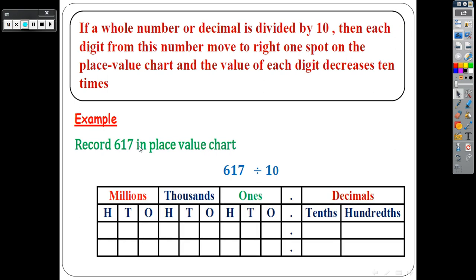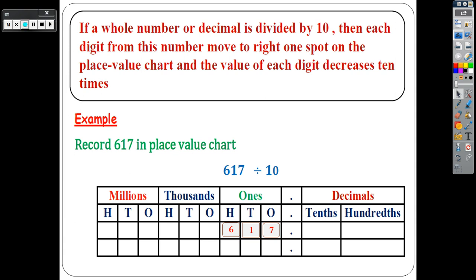Look with me in this example to understand this rule. Now record 617 in the place value chart, so it will be 6 in hundreds, 1 in tens, and 7 in ones. Now you divide by 10, so each digit from the number moves to the right one spot.